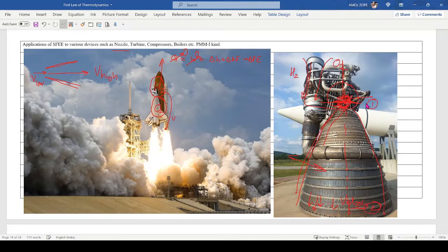Now there will be some potential energy change, but compared with the other energies, this potential energy change is also negligible. So the final equation you get is H1 + V1²/2 = H2 + V2²/2.